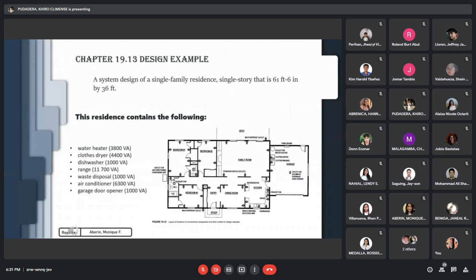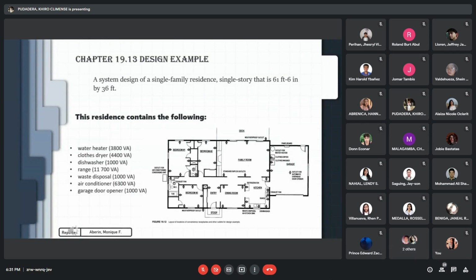Design example. This figure is the layout of locations of convenience receptacles and other outlets for the design example. This is an example of a system design of a single family residence, single story, that is 61 feet 6 inches by 36 feet.